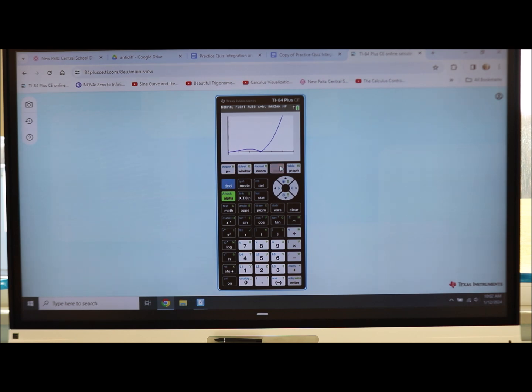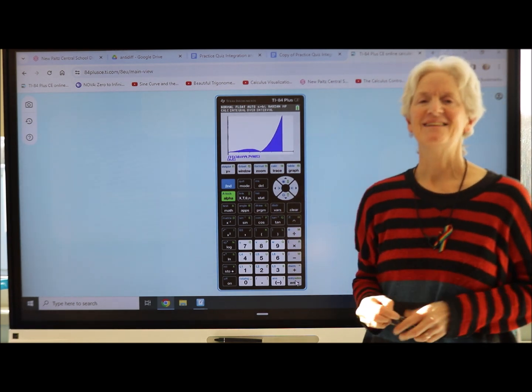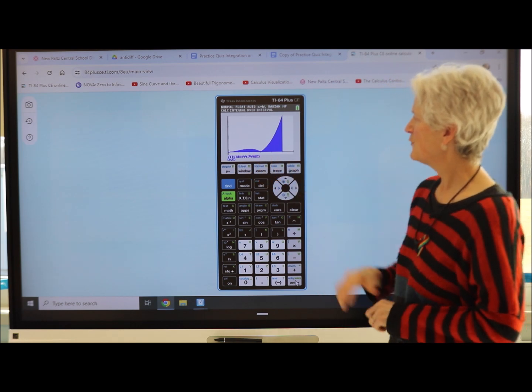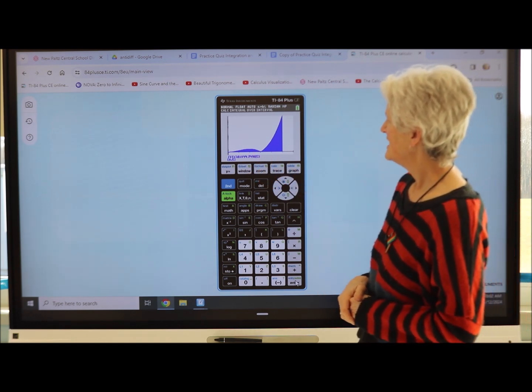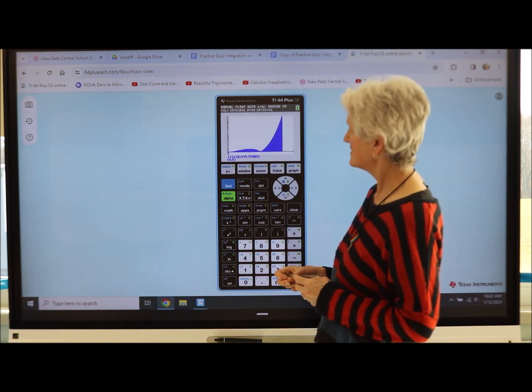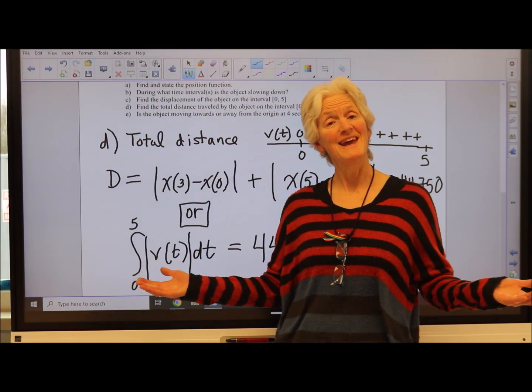So now when I take my definite integral from 0 to 5, it's going to give me all positive area, which would give me my total distance. Isn't that kind of cool? 44.7498, which we rounded to 44.750.